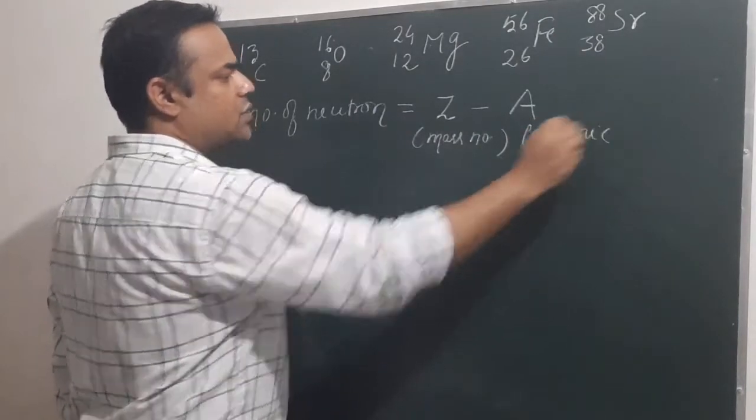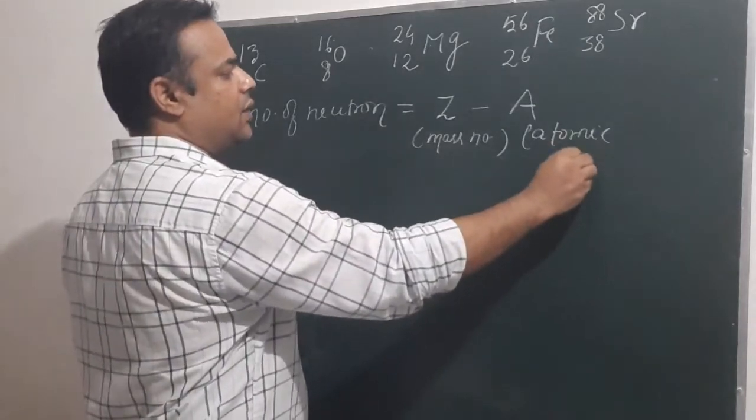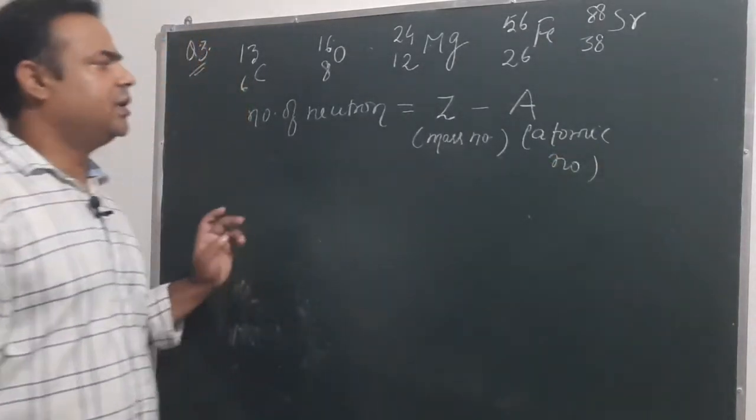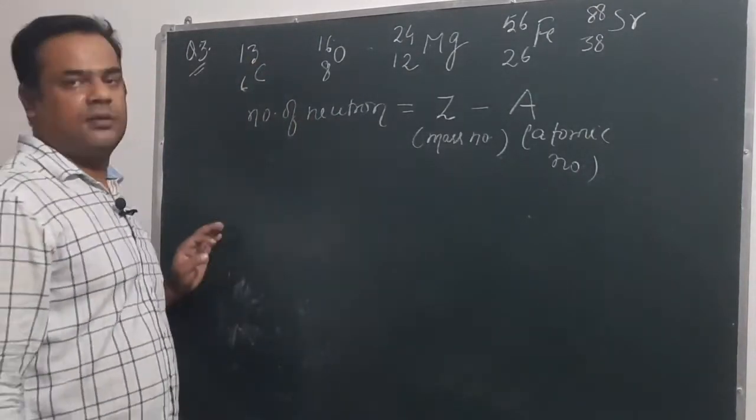Total number of protons present in an atom is known as its atomic number. So mass number minus atomic number will be number of neutrons. Now we'll apply this formula in all these atoms.